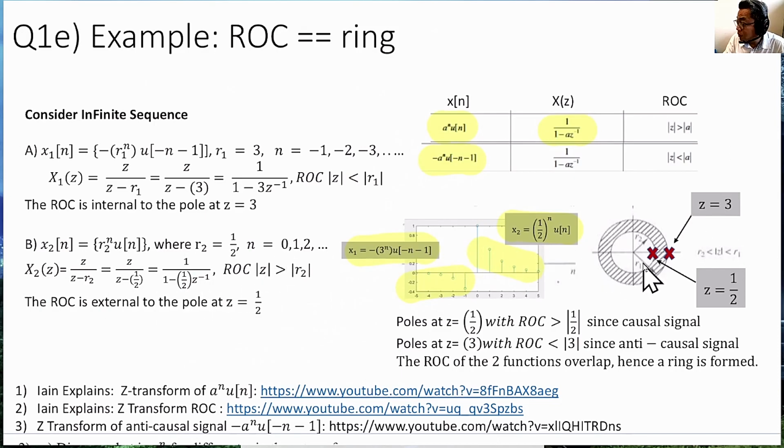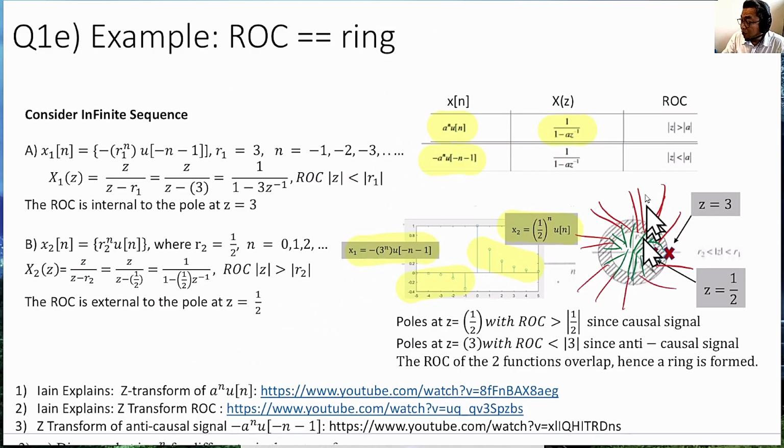We draw the position of the two poles. For z equals one half, we draw the region of convergence that is external to it. Now, for the other region of convergence, at z equals 3, we draw internal to it, the green one, because this is for the anti-causal sequence. z equals one half is the pole for the causal sequence.